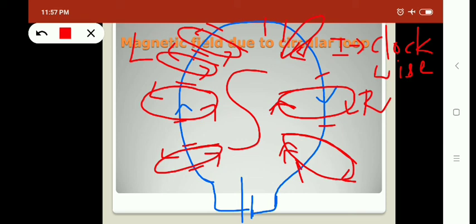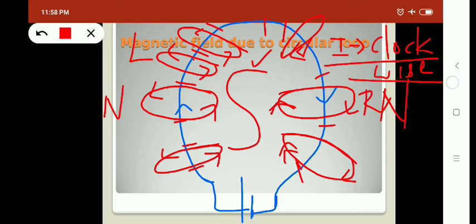So this face of the circular loop can be considered as the south pole. So the face of the coil will be a south pole. The face of the coil acts like a south pole whenever current flows in the clockwise direction through the circular coil.